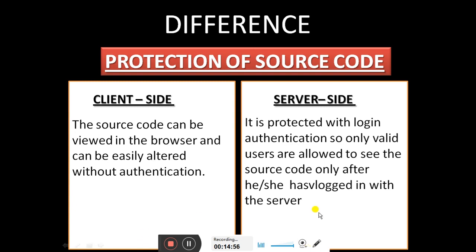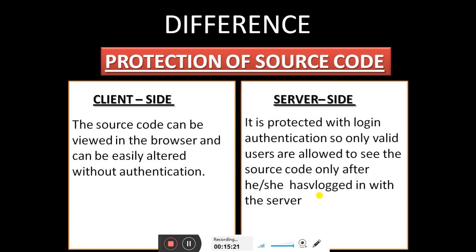But on the server side, the code is protected with login authentication. The code block is protected with a specific ID and password. So only the valid user who knows that ID and password is allowed to see the source code, and only after he or she has logged in with the server can he or she alter that code.